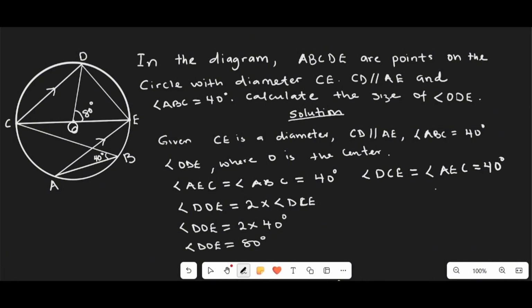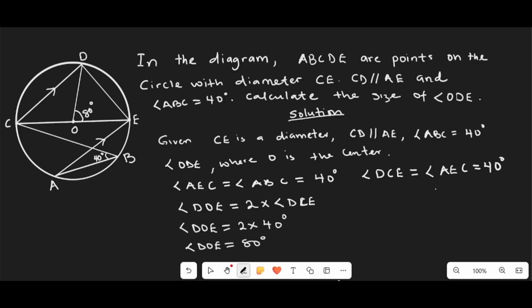Since O is the center of the circle, lines OD and OE are radii of the circle, and they are equal to each other.